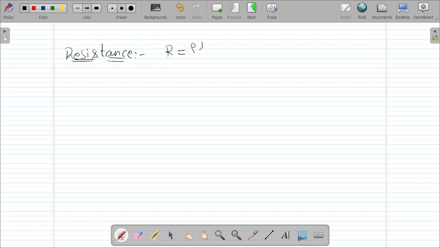R equal to rho L by A. Similarly, for resistivity, rho equal to R A by L. These two are the formulas regarding resistance, right?